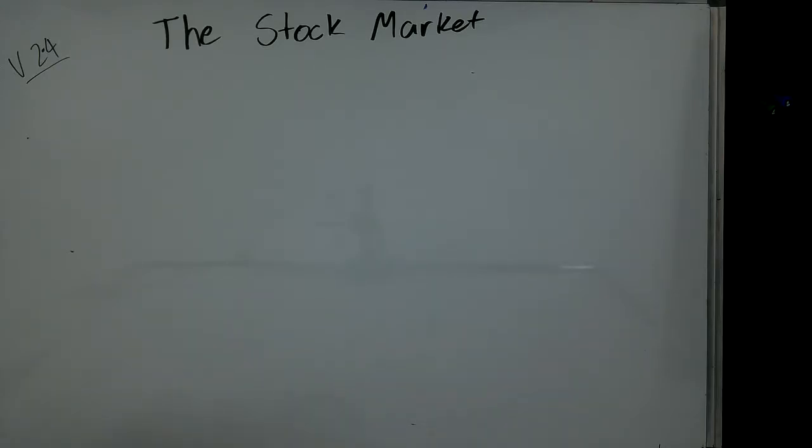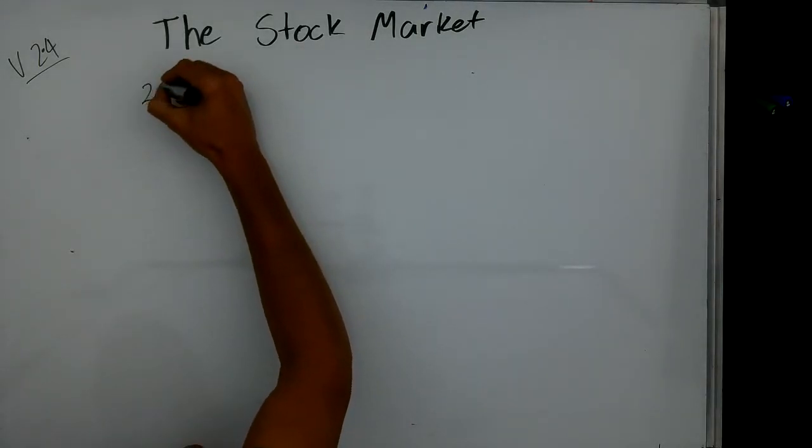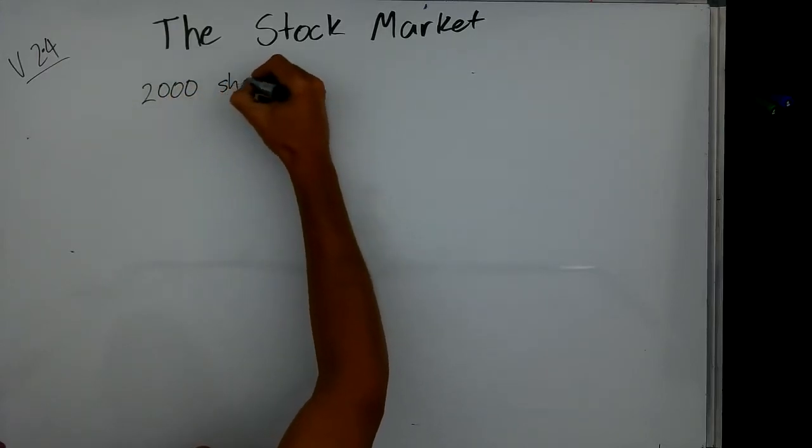So here's the details. Tracy purchased 2,000 Ranger Dynamic shares at $2.75 and sold them a year later when their value was $3.20. Okay, so let's write down 2,000 shares.